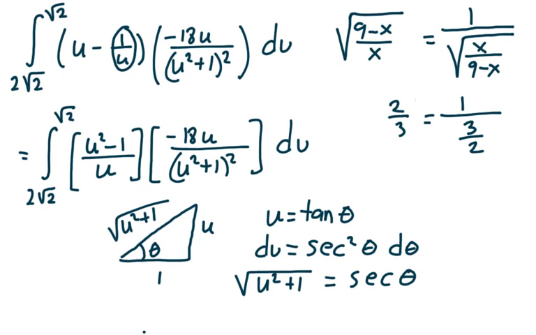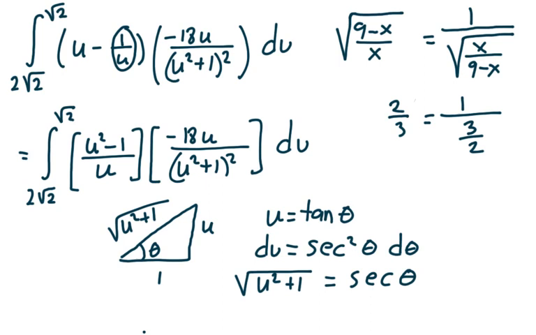So if we circle back here, we're going to get u minus 1 over u times negative 18u over u squared plus 1 squared du.